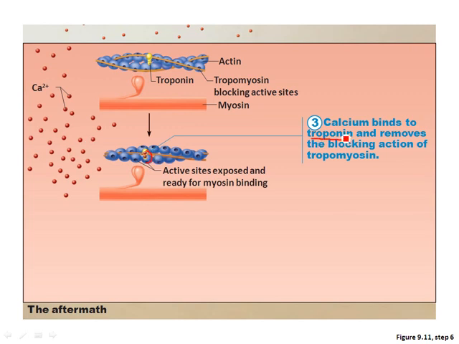troponin. That binding of troponin is going to cause tropomyosin to change shape and quit blocking the myosin binding site. So here you have the myosin binding site blocked. The tropomyosin changes shape, and now you have a binding site that's available for myosin on the actin.